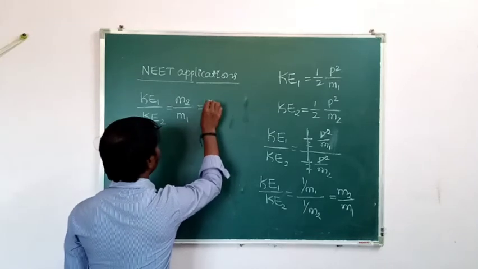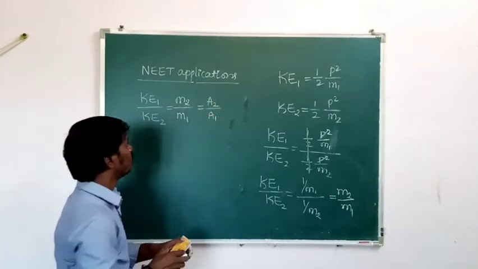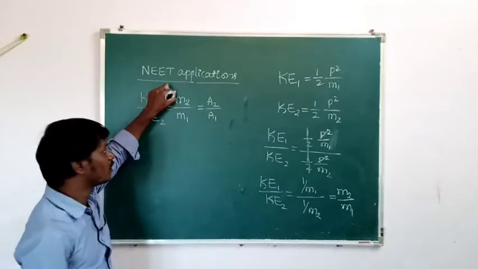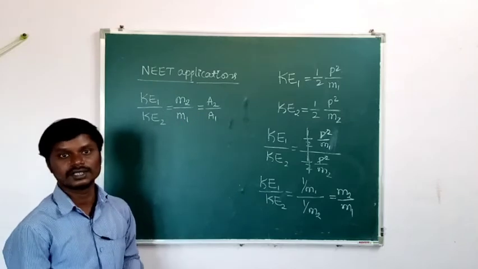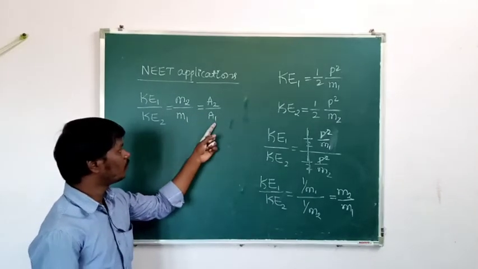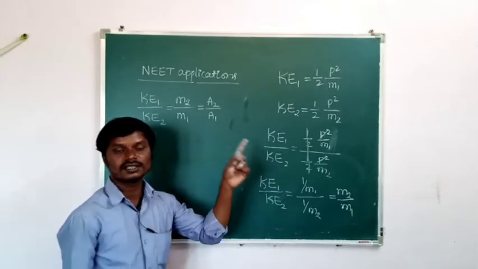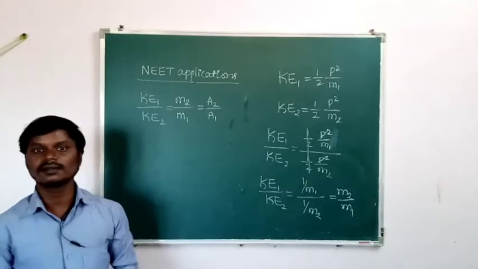Then we can write A2 by A1, means the mass of the second lighter nucleus depends on the total number of nucleons present in the second lighter nucleus, and the mass of the first lighter nucleus depends on the total number of nucleons present in the first lighter nucleus, here the mass number.